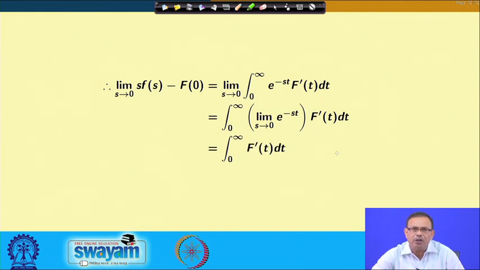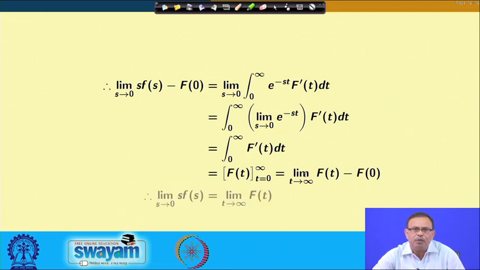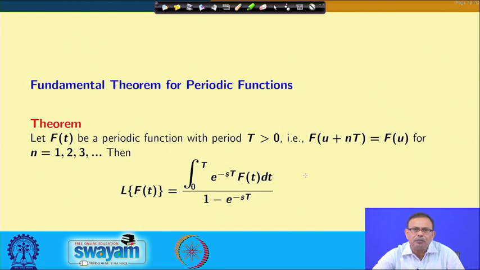That value is 1, so you get the integral from 0 to infinity of f'(t) dt, which is nothing but f(t) at t equals 0 to infinity. If I put the limits, this is the limit as t approaches infinity of f(t) minus f(0). So f(0) will be cancelled from both sides, and you will obtain this. This completes the proof of the final value theorem.